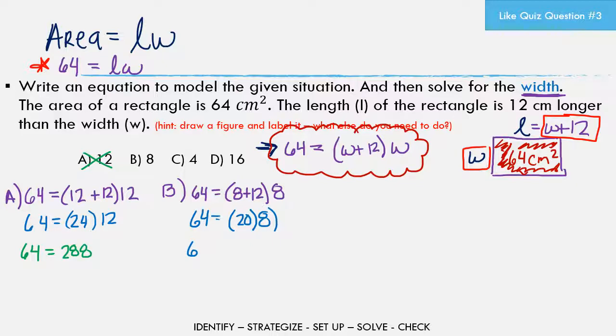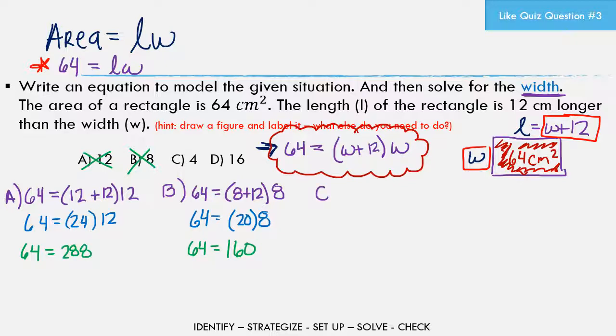Oh, I did it again, I added in that parenthesis. Is 64 equal to 20 times 8, which is 160? Those are not equal, so it cannot be B.